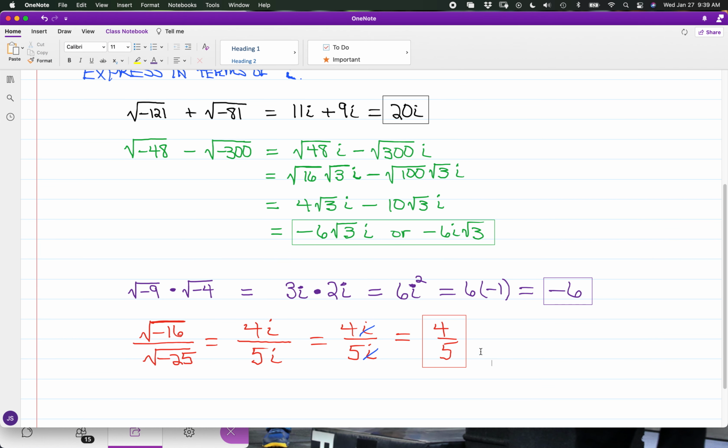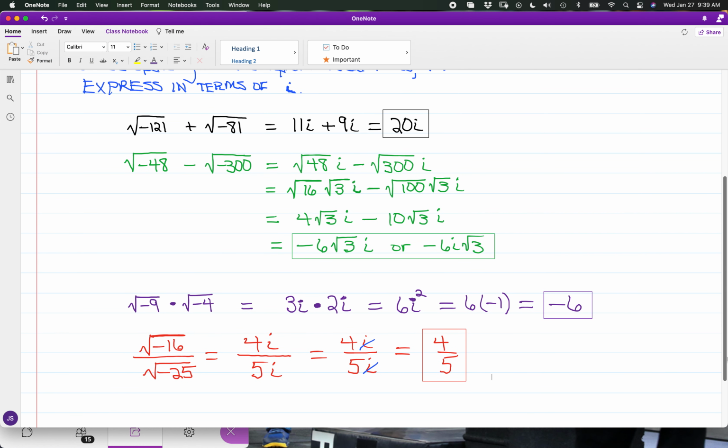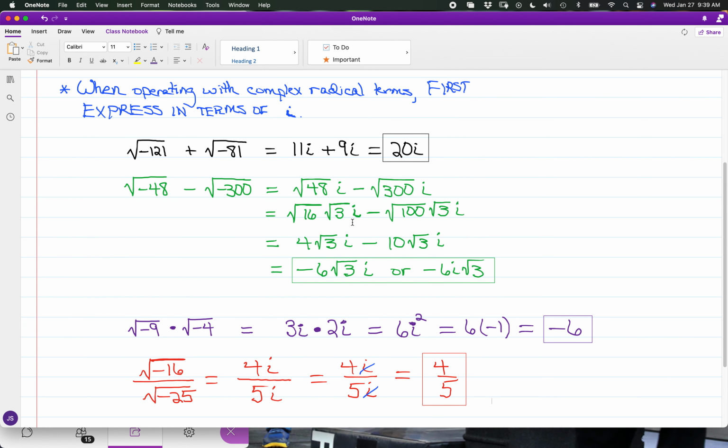I think with addition, subtraction, and division, the rule regarding expressing in terms of i is virtually automatic. Whereas with multiplication, it's probably the operation that is the least intuitive, in terms of automatically writing in terms of the letter i.